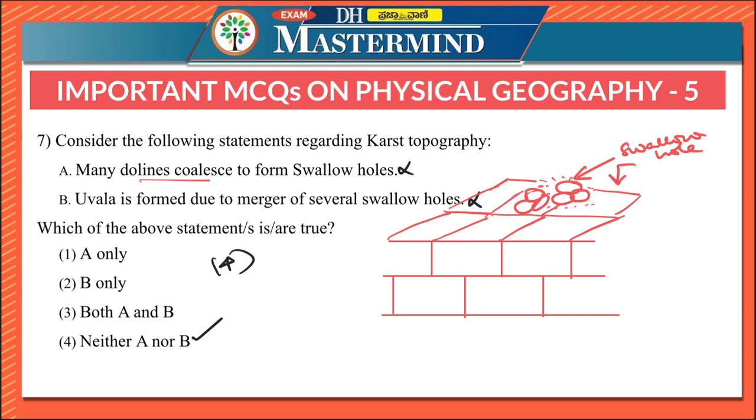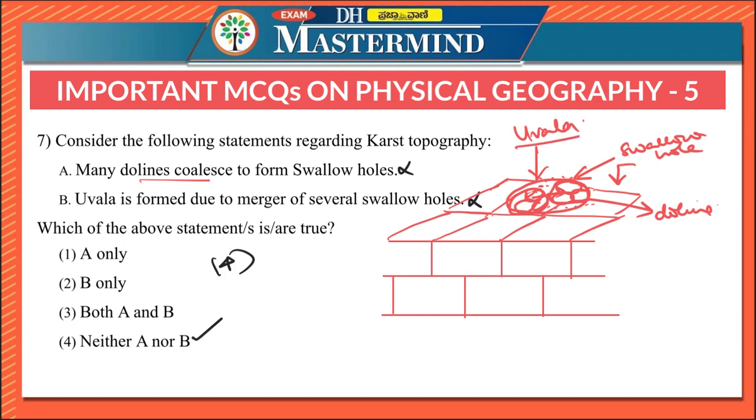So when two or three swallow holes combine to form a larger hollow, this is what you call a doline. And here is another doline formed due to the merger of two or three swallow holes. When two dolines combine to form a larger hole, that is called uvala.